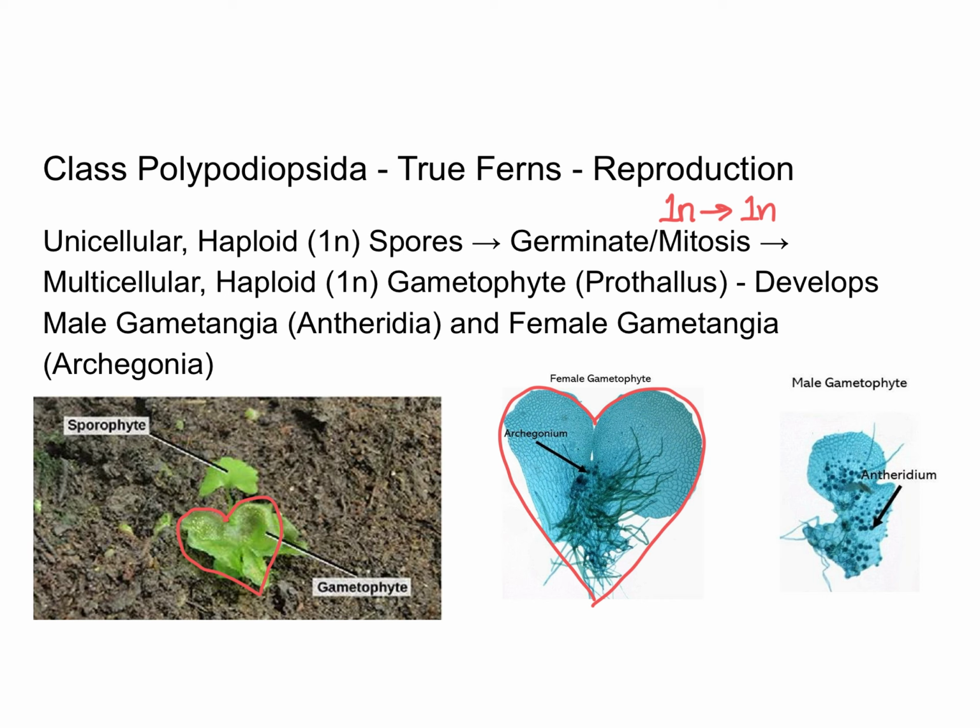In males, the gametangia are known as antheridia, or antheridium is singular. And in females, the gametangia are known as archegonia, or archegonium is singular. The archegonia structures are these little spots in the middle of the prothallus here, and the antheridia are these spots here.